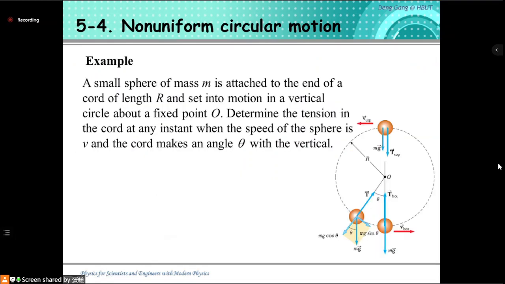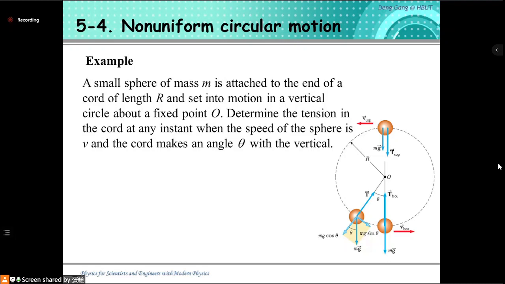So let's check this one. A small sphere of mass m is attached to the end of a cord of length r and set into motion in a vertical circle. Now it's a vertical circle, not a circle on a horizontal surface.